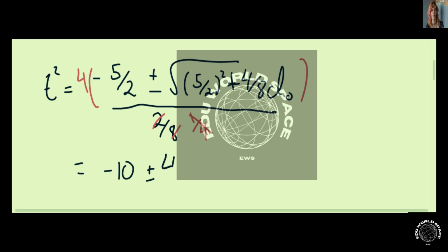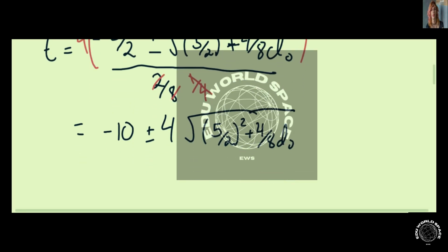So that's minus 10 plus or minus 4 square root 5/2 squared plus 4/8 d naught. Why don't we go ahead and actually multiply out this square to give us 5 squared over 4.